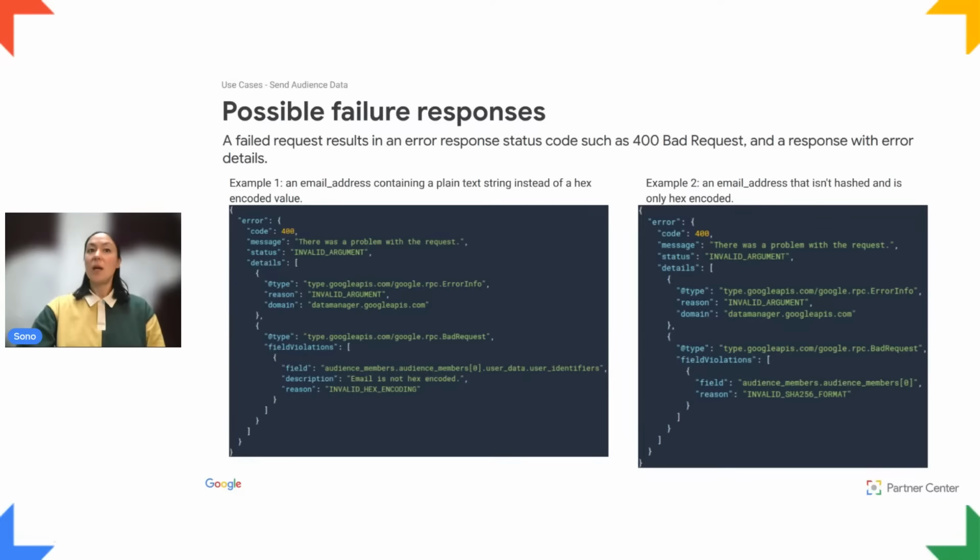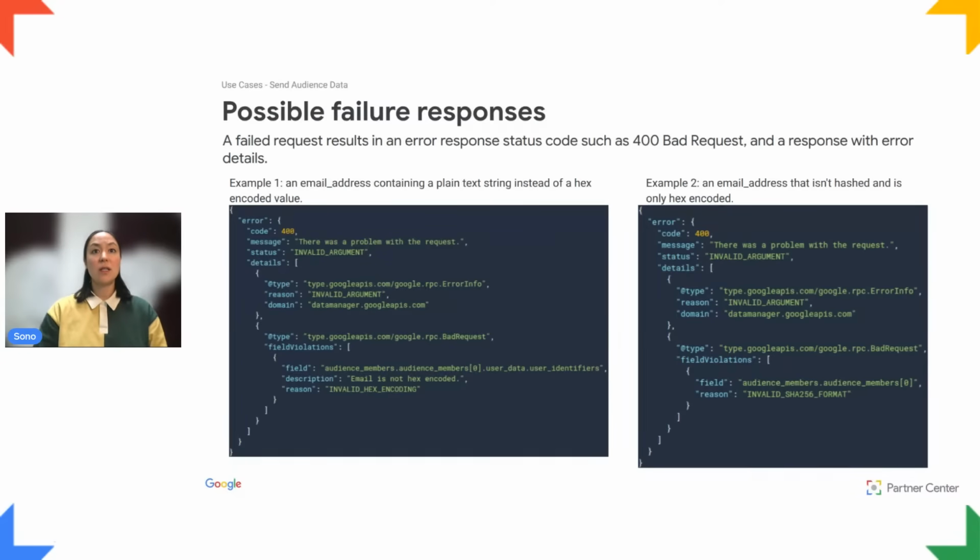Speaking of errors, what type of different error responses are we able to get? So it's just two examples. For one API call, an email address containing plain text, meaning it did not get normalized or hashed, is used instead of a hex encoded value. And this is the error response we would get. And at the bottom, you can see invalid hex encoding.